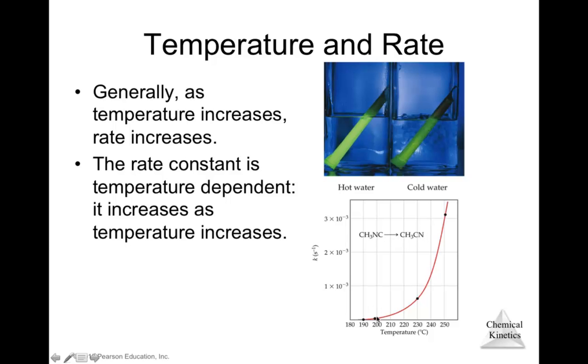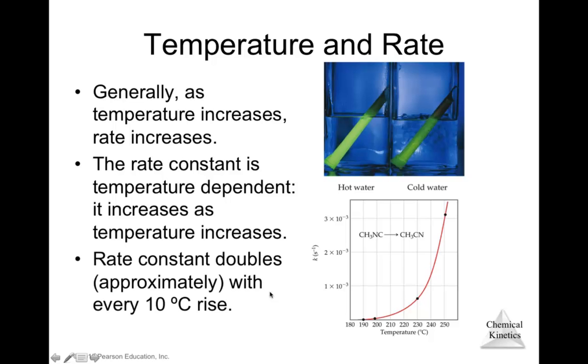And here we can see that as we increase the temperature, the rate of the reaction also increases. Here we see the effect of the temperature on the rate constant. As the temperature increases, the rate constant also increases. So the rate constant doubles with every 10 degrees of increase in temperature.